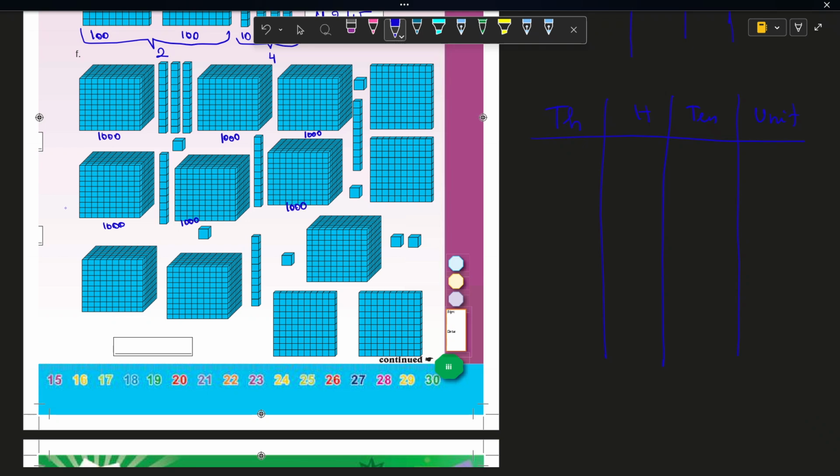Then I've got some below. I've got another 1,000 here, another 1,000 here, and another 1,000 here. Wow, let me just count them. How many are there? 1, 2, 3, 4, 5, 6, 7, 8, and 9.